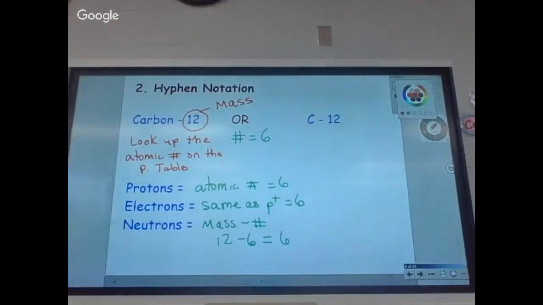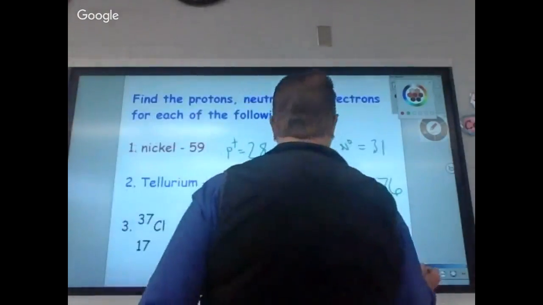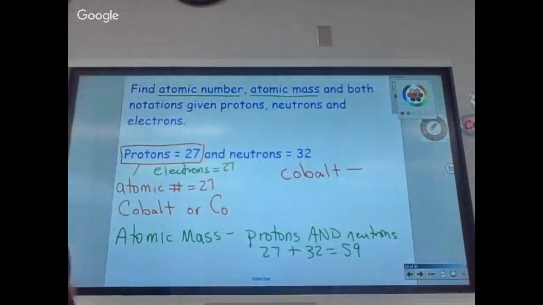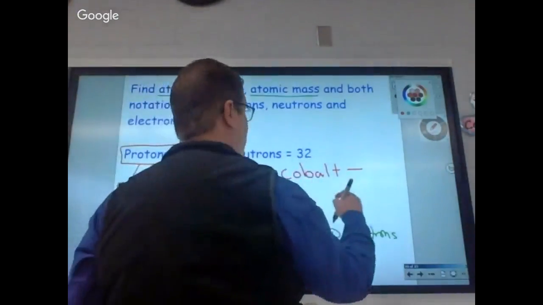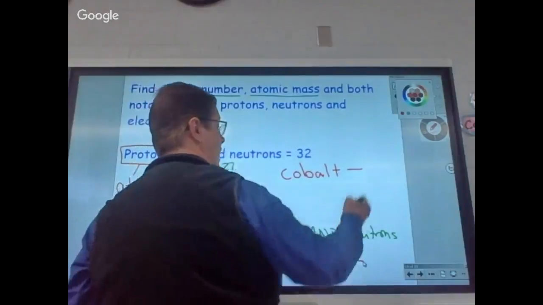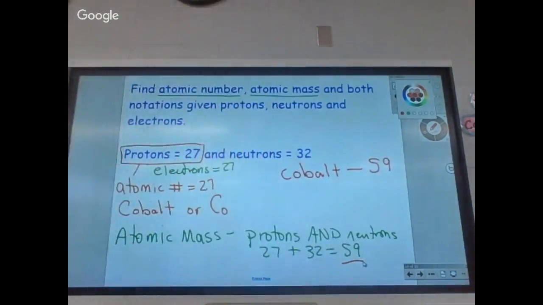Did I have mass behind the hyphen, or did I have number behind the hyphen? I have mass. So now go back to your question. What up here was the mass? 59 was the mass. 32 is the neutrons. You got to have the full mass. And 59 is the mass. So cobalt hyphen 59.